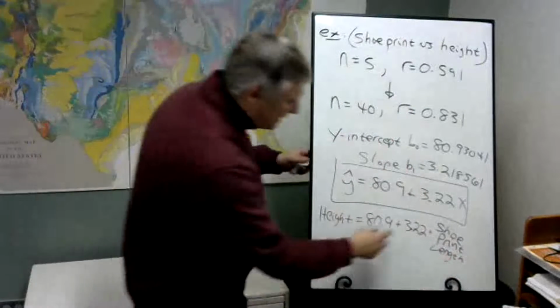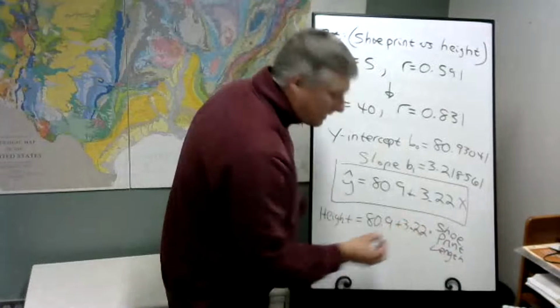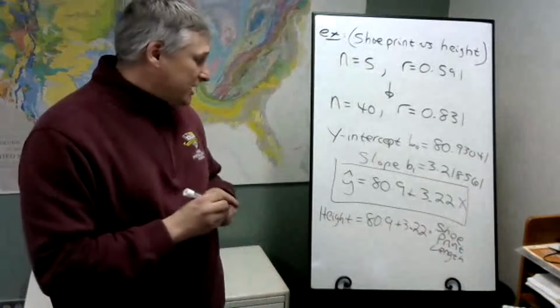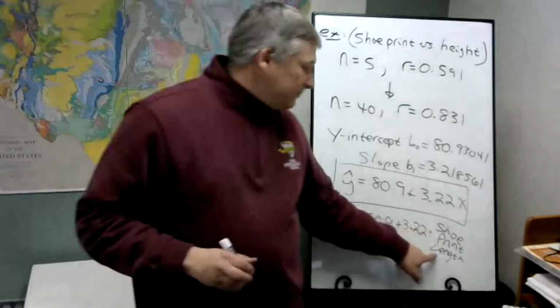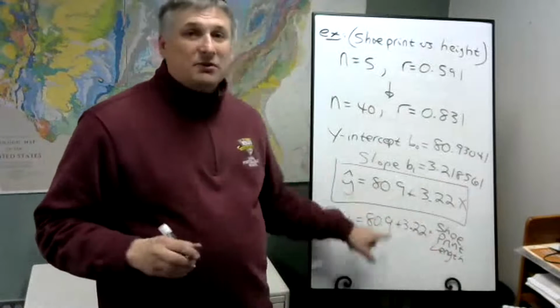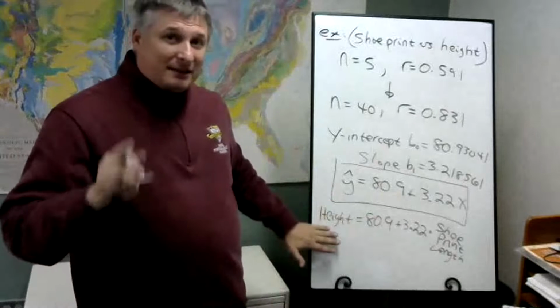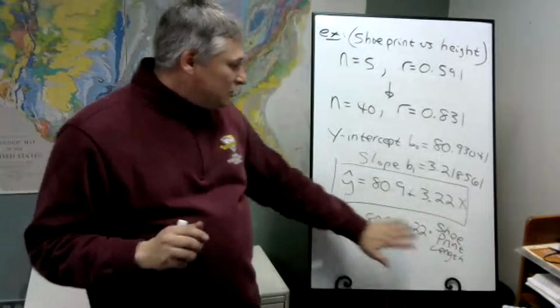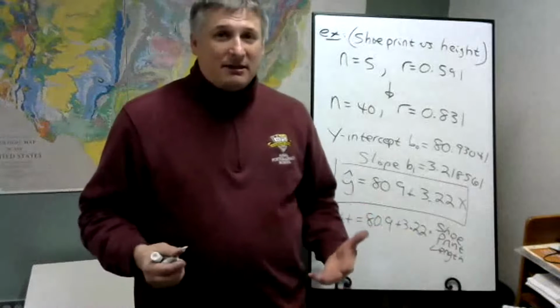We don't have causation, but there is some kind of association. And the association is we can roughly predict a person's height if we know their shoe print length using this formula. So let me say that again. We can predict the height using the shoe print length, and that's the idea.